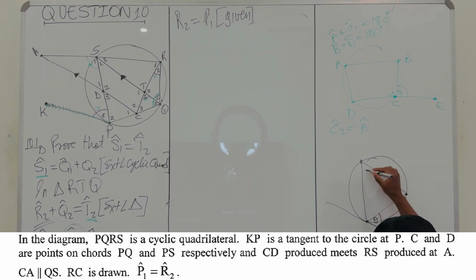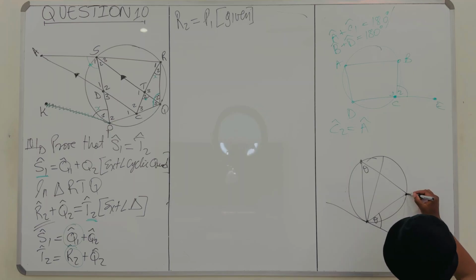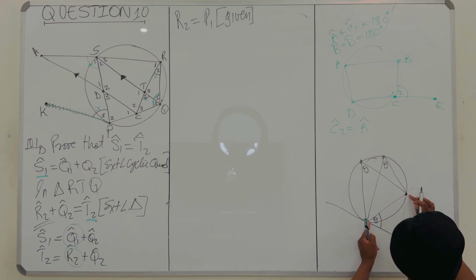So this angle here will be equal to that angle. If the chord subtends another angle there, that angle will also be the same.